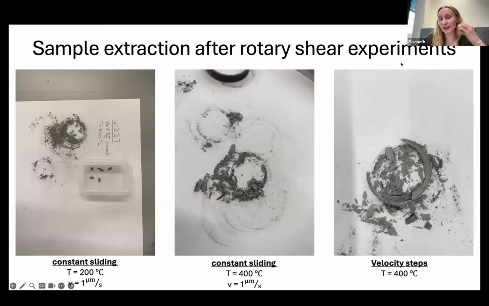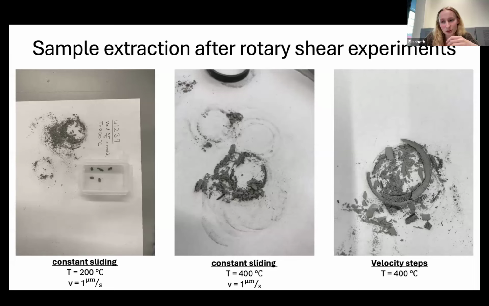And the problem that we encountered when we wanted to observe the microstructures is that I want to extract the sample after the experiments, but sometimes it is so non-cohesive that it looks like the gouge that I put in.